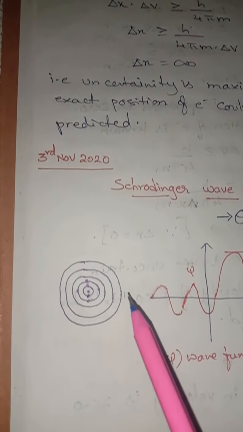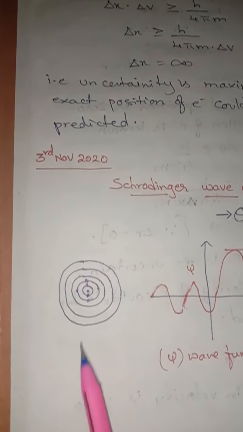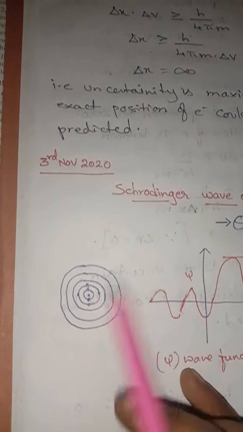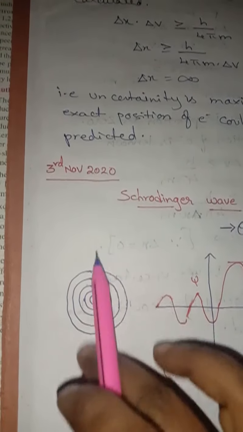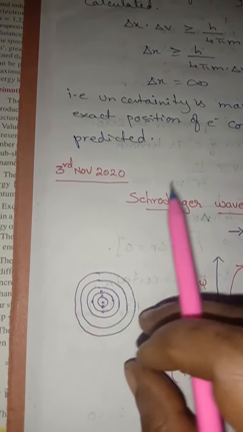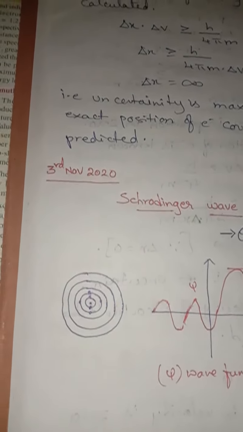Okay, atomic orbital. So orbital is different from orbit. What is an orbit, children? This is an orbit. Orbital means the three-dimensional space around the nucleus where the probability of finding an electron is maximum. Now we see the difference between orbit and orbital. What is an orbit?